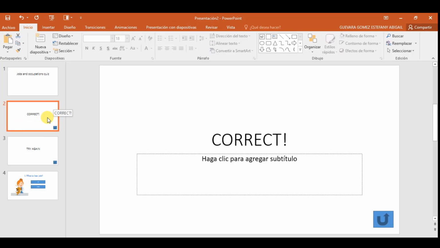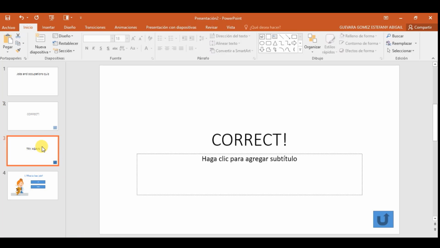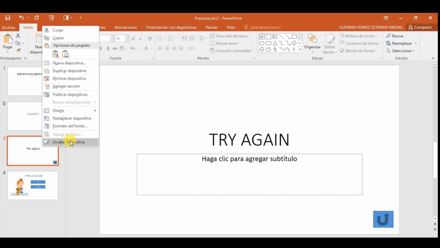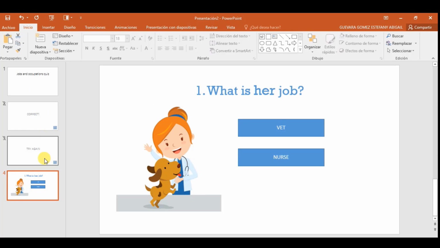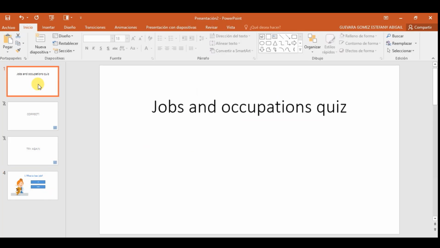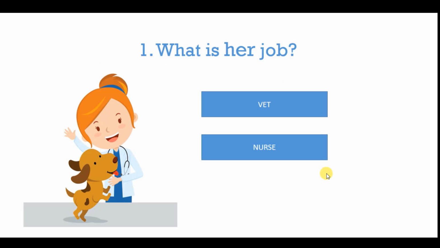So we go over and we do a right click, and we hide the slide, and we do the same, because we want that after the title we can see the first question, not these two slides. So we click on presentation, and as you can see, now it appears the first question.